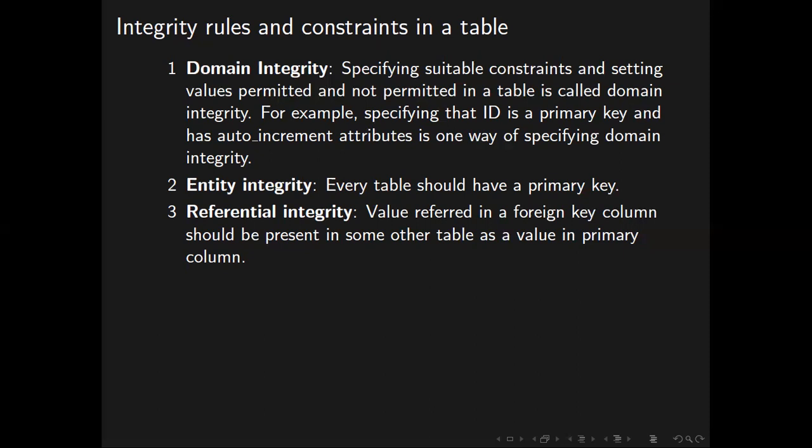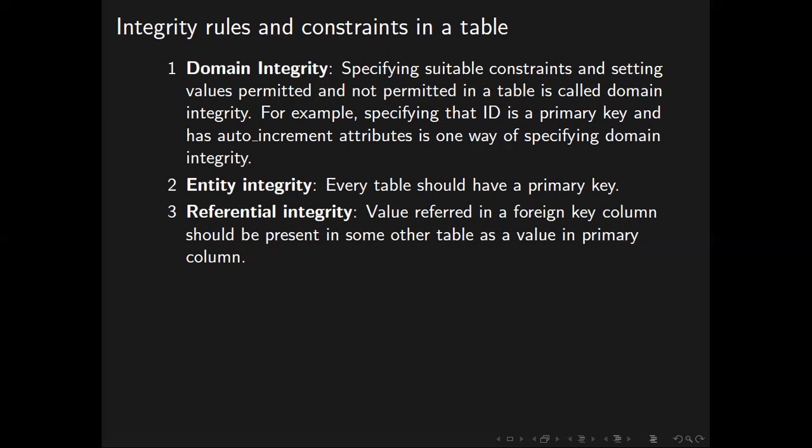That is default null, not null, default 0. These are called domain integrity constraints. When you define a contact table, you may say name varchar 30, not null. You should not provide a null value for name. You should compulsorily provide a name. It's called domain integrity.